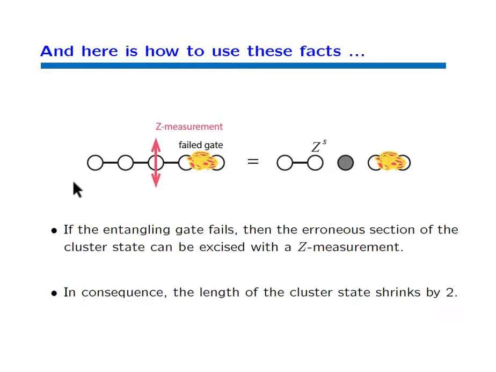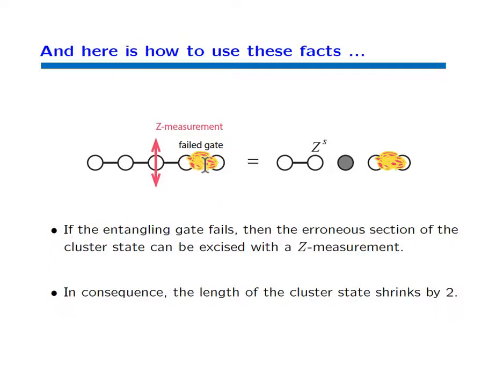The reason is, think of the temporal order of these operations. You have a failed gate applied first, and then a z measurement second. But because these two operations act on different qubits, they commute. You might alternatively think of the operation as the z measurement performed first and the failed gate acting second.